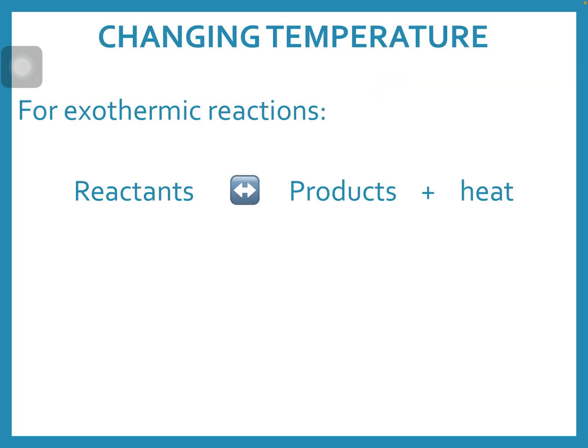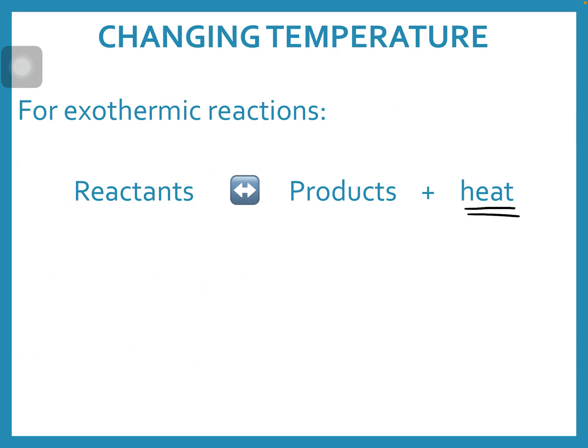Okay, temperature works similar to concentration. And we talked about endothermic and exothermic reactions in enthalpy, and we wrote our heat as either a reactant or product. So if our delta H, if our enthalpy change is negative, it's an exothermic reaction, and so heat is one of the products.